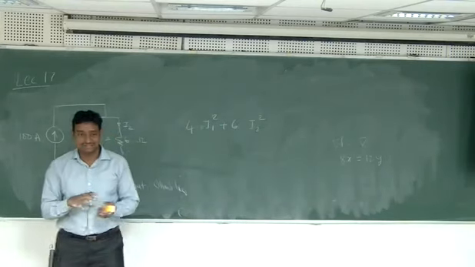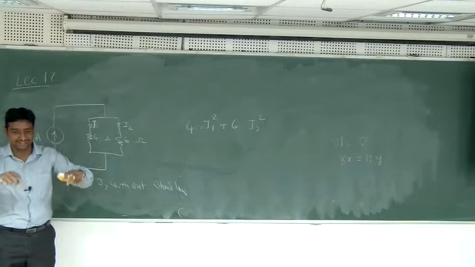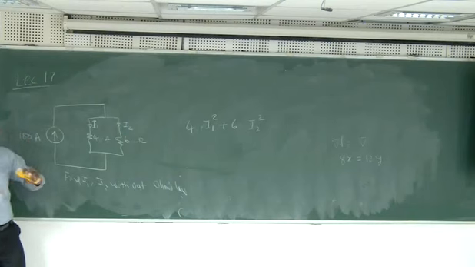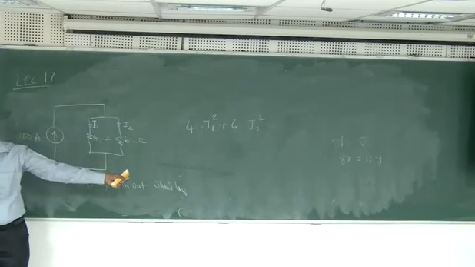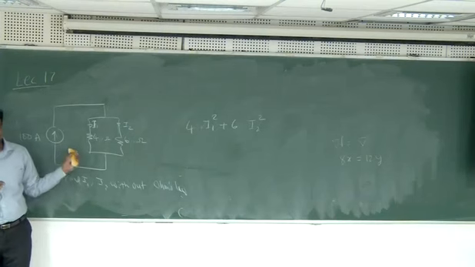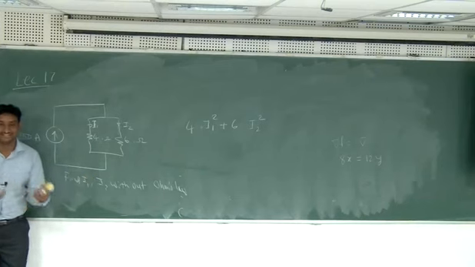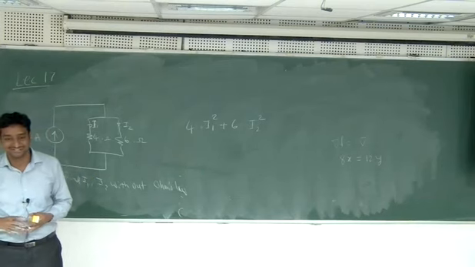I go to a lab and take the 4 ohm resistance, 6 ohm resistance and connect it, and then I connect a 100 amperes current source, and then I measure the current. Somebody is calculating this optimization problem, taking a decision that let us send 60 amperes in this branch and let us send 40 amperes in this branch, and then it is coming out in the lab like that. So the question is, who is doing that calculation?